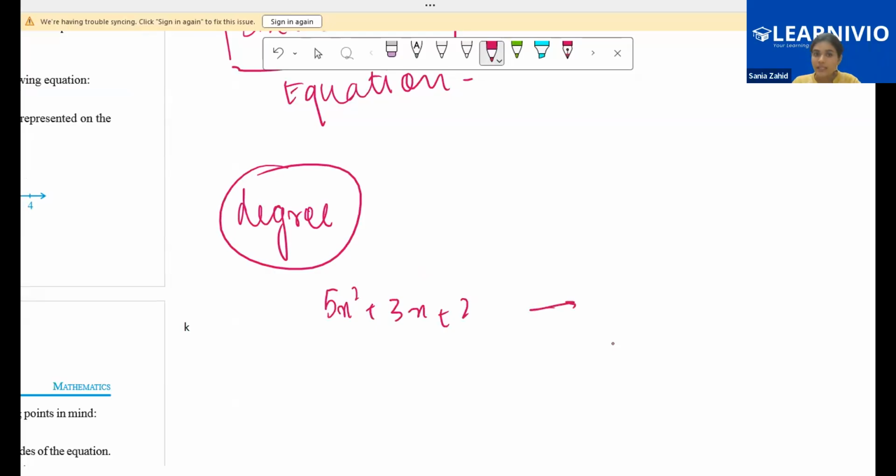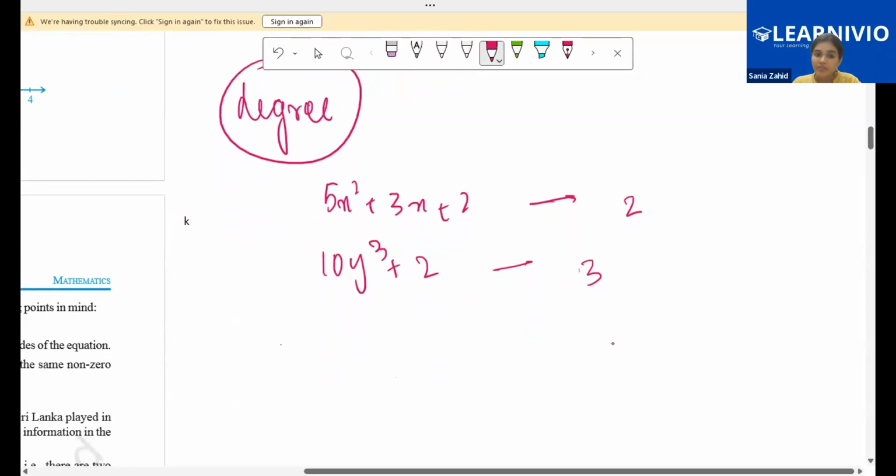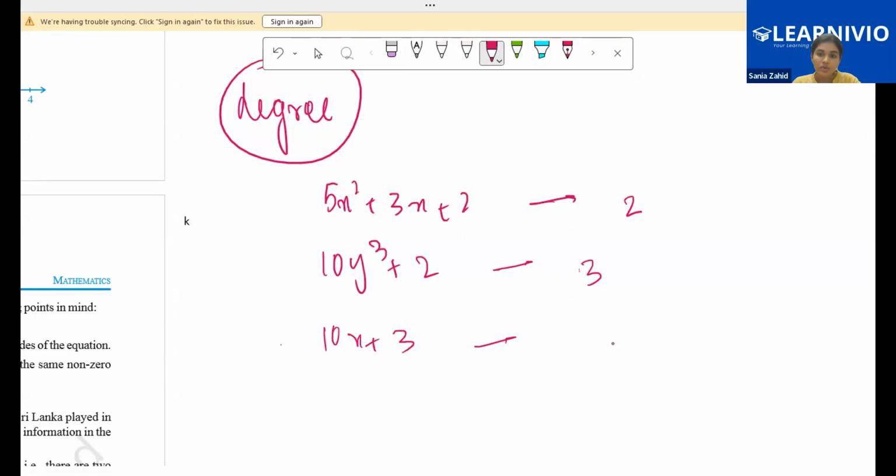It's a quadratic polynomial, it has a degree of 2. If I say I have a polynomial 10y cube plus 2, what is the degree? 3, cubic. So the degree is 3 over here. Now similarly, if I say just 10x plus 3, what is the degree of this polynomial now? Linear, 1. So that means it's called linear.